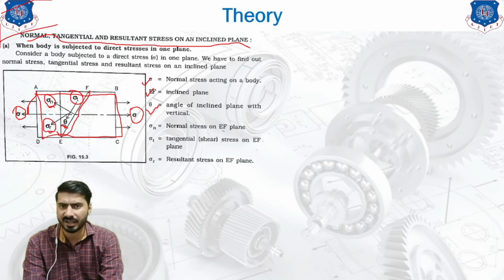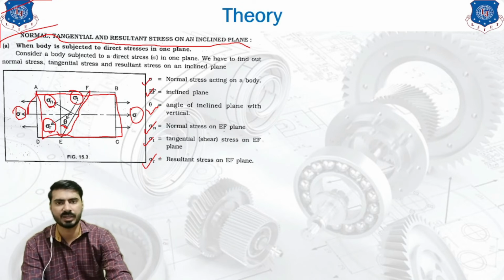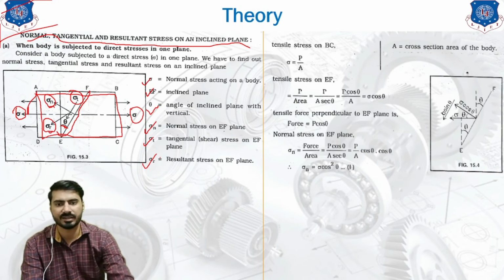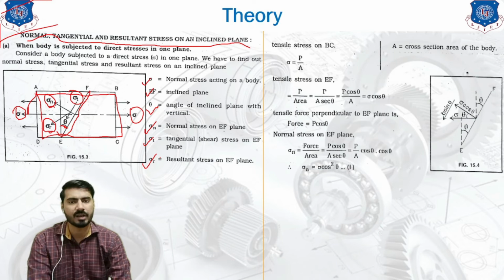It could be the angle with the horizontal also, but here we have taken it with the vertical. Sigma n is the normal stress on the EF plane, sigma t is the tangential stress on the EF plane, and sigma r is the resultant stress on the EF plane. So let's understand how to derive these equations.